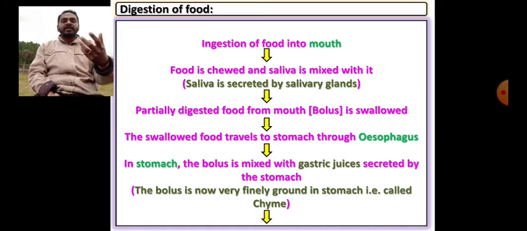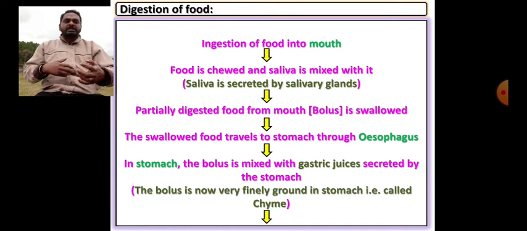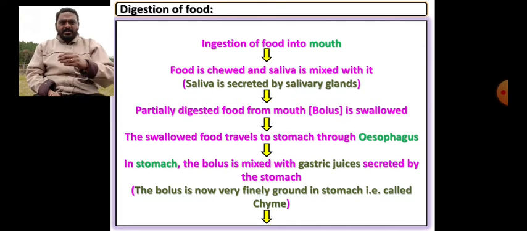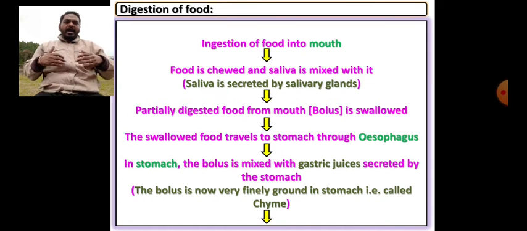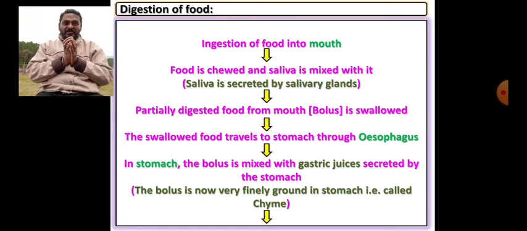The constituents of the gastric juices get thoroughly mixed, and partial digestion continues. In the mouth, when it is ground, it is called bolus, and when it goes to the stomach and gets thoroughly mixed with the gastric juices including hydrochloric acid, with a pH of 1.8, that portion of the food is called chyme.